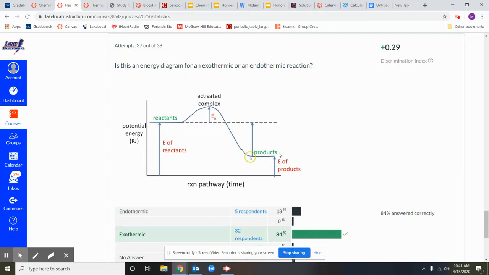If this were flipped, then it would be endothermic, because the reactants would have less heat than the products do, because the reactants are going to pull that energy in to move it forward. But because the products on this graph are less than the reactants, this is exothermic, because that energy was given away as a product. So it's losing energy essentially.